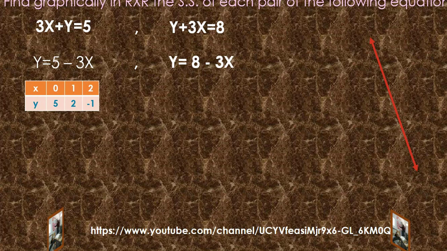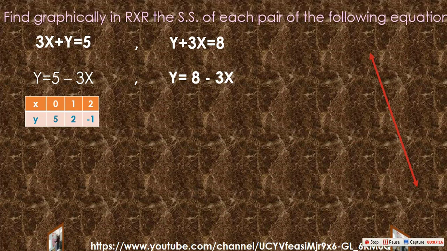As x equals 0, y equals 5, because y now equals 5 minus 0 equals 5. As x equals 1, y equals 5 minus 3 equals 2. As x equals 2, y equals 5 minus 6 equals negative 1.